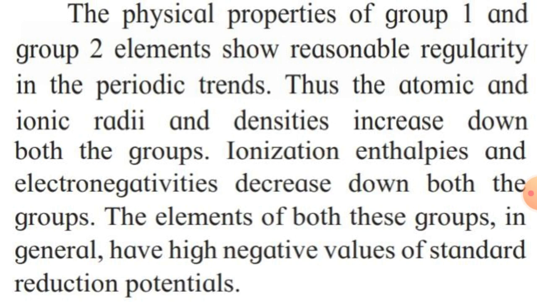What is happening, students? This is the most important point you are supposed to learn and remember. Atomic radius is increasing, ionic radius is increasing, density is increasing down the group, for group 1 as well as for group 2. While ionization enthalpy and electronegativity decrease for both groups. Thus the elements of both these groups in general have high negative values of standard reduction potential.